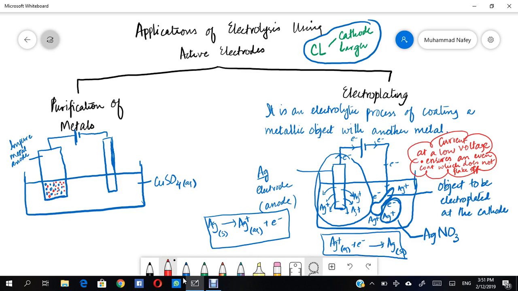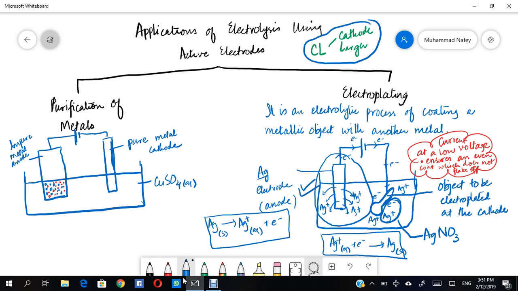Right. Whereas here we have a pure metal cathode. Now what happens is that the copper metal atoms present in the impure anode will undergo the same process as was happening here.